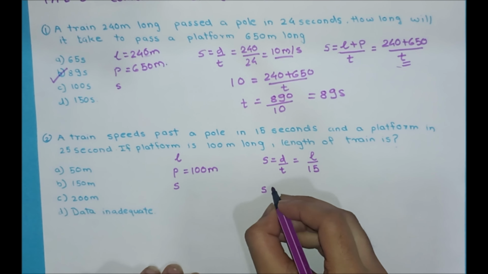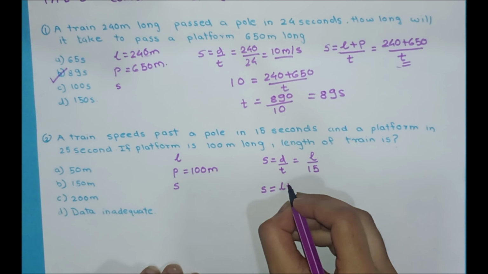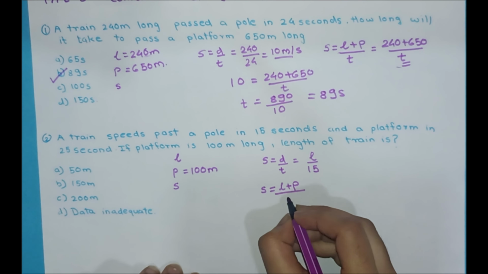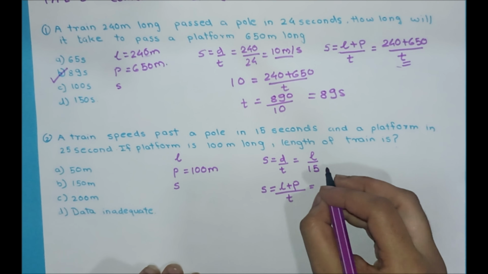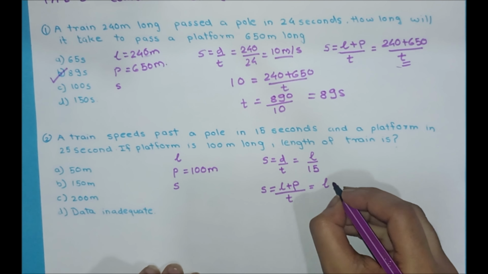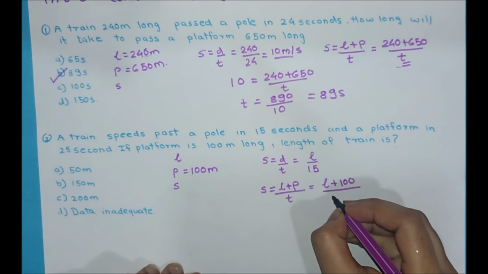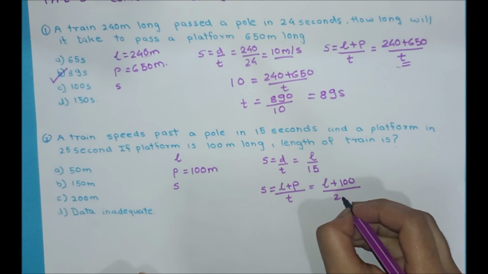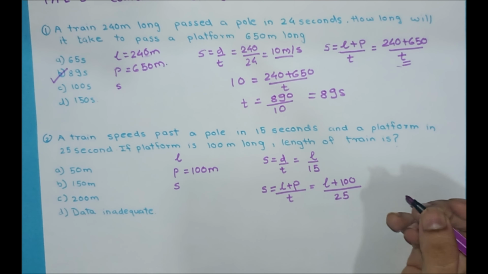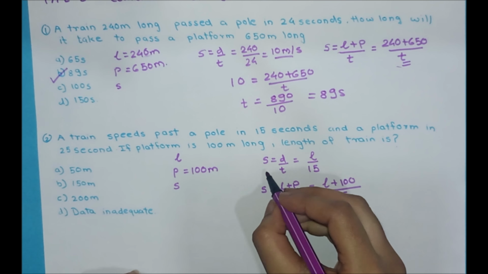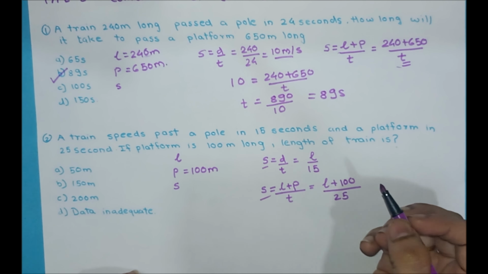And in the second, we write speed as length of train plus length of the platform divided by time. Again, we don't know the length of the train. The platform's length is 100 meter and the time given is 25 seconds. In both the cases, we are talking about the same train, so we can equate these two speeds.